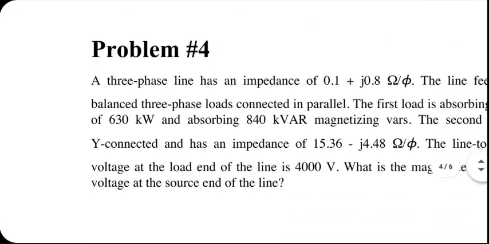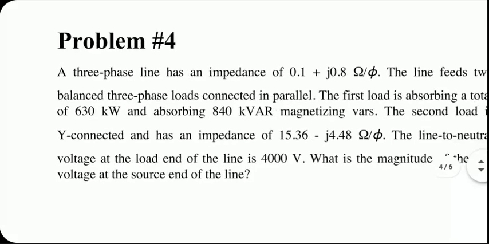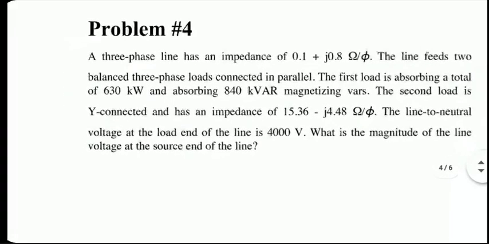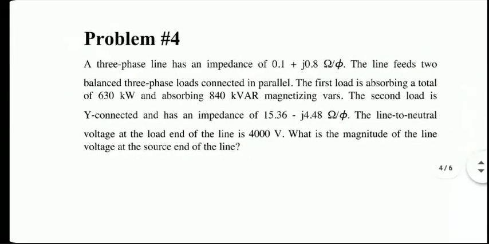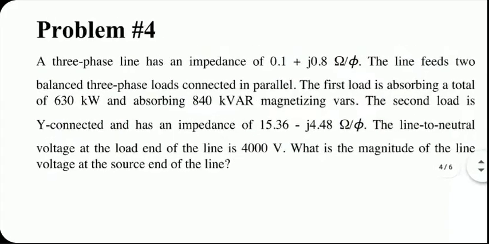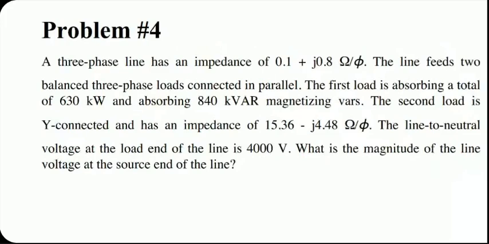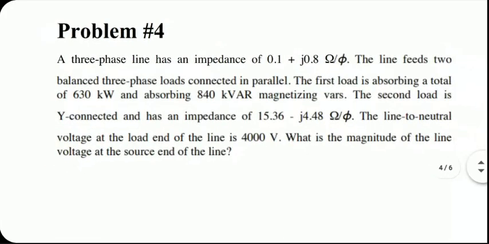Okay. This problem, I'm showing it to you to at least make you feel that these are problems which are related to almost real life, and they involve a lot of calculations. A three-phase transmission line has an impedance of so much per phase.